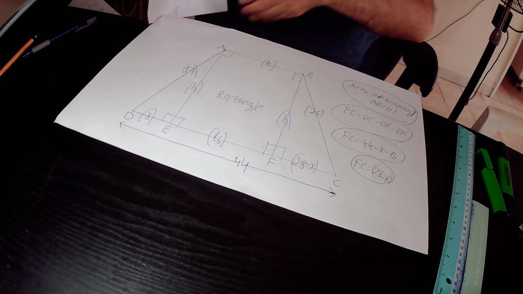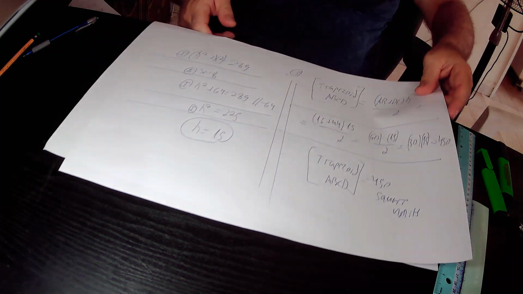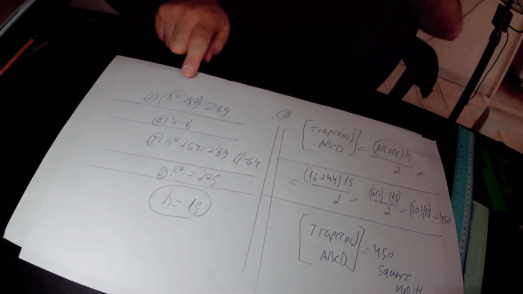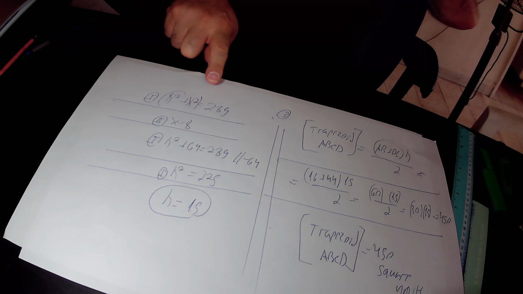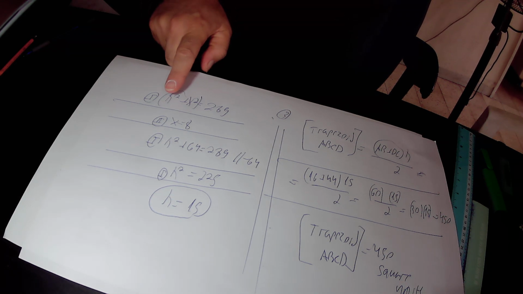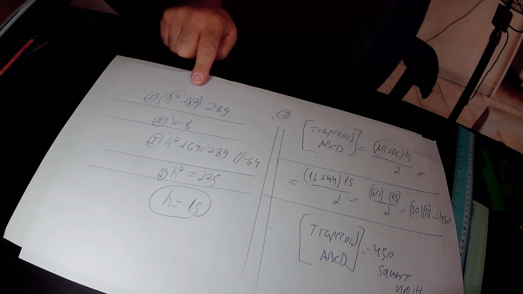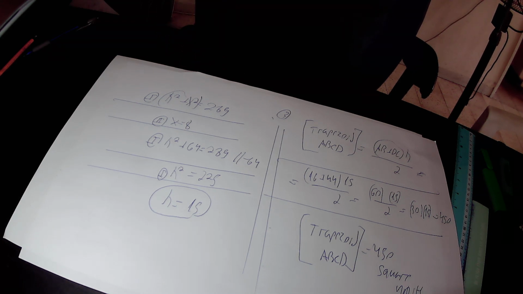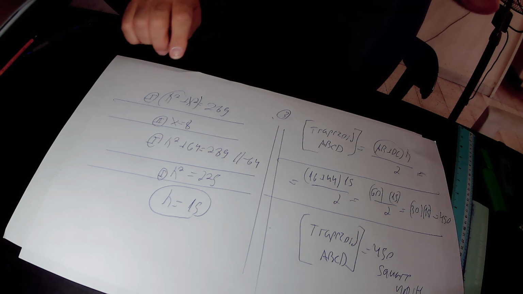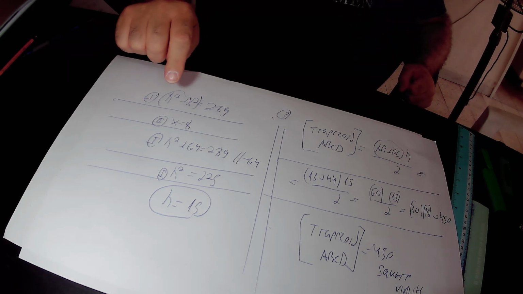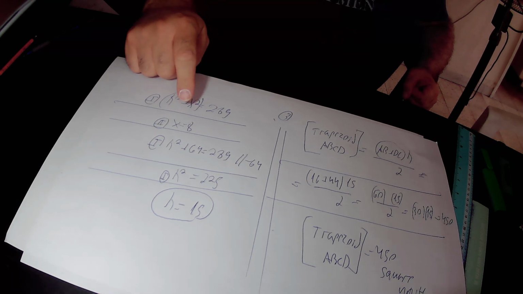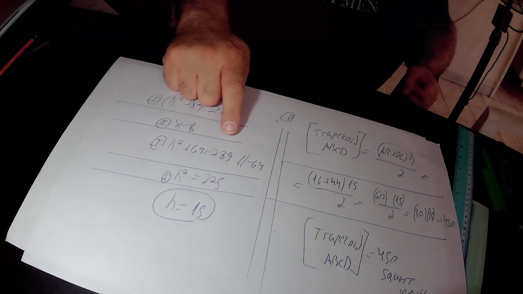The next step, we return to equation 1. According to equation 1, we have found that x squared plus h squared equals 289. And we just found that x equals 8. If x equals 8, it means that x squared equals 8 squared, that is 64. Therefore, we can substitute x squared in this equation by 64. So in equation 1, 64 plus h squared is equal to 289.